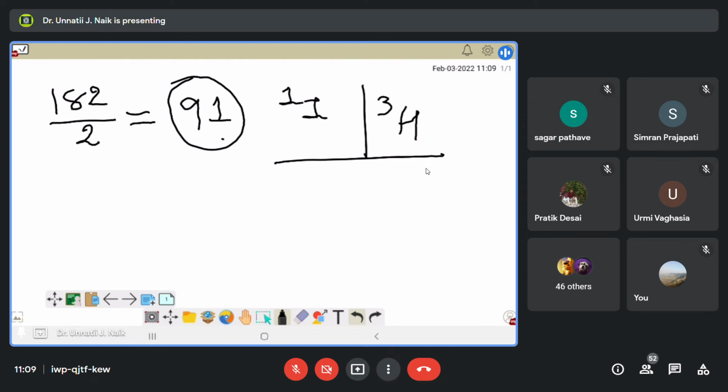I am not discussing that rule because it has already been explained in my notes, and you can easily understand what I wanted to tell by those rules.